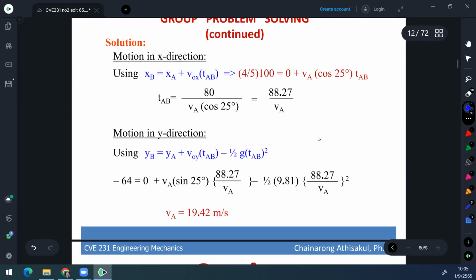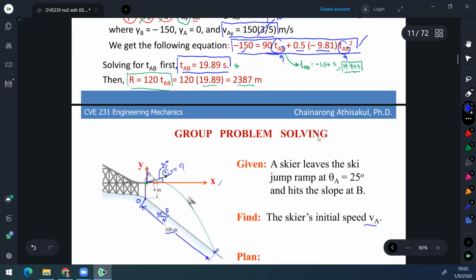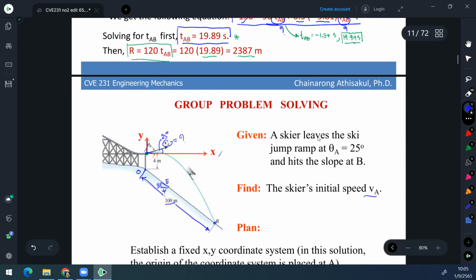Let's look at the motion in the x direction first. We start with XA, and because we set up the coordinate origin over here, XA becomes 0 and YA becomes 0.